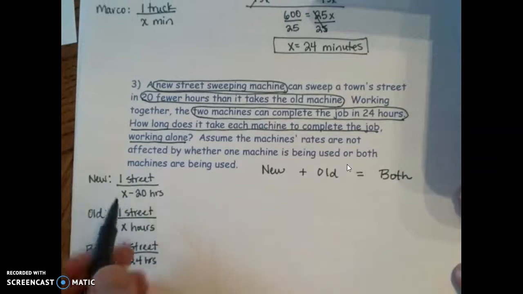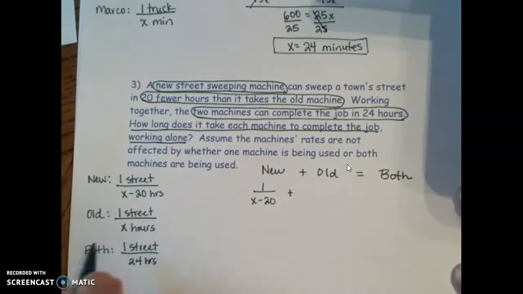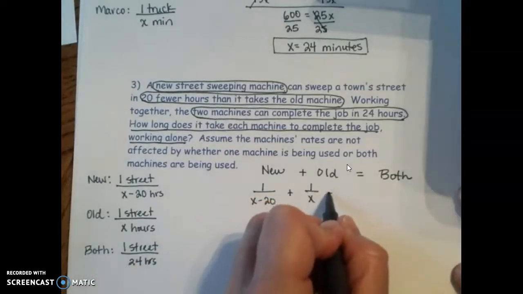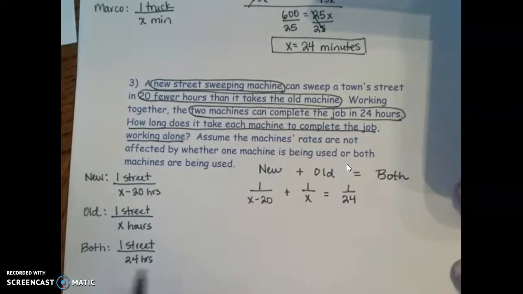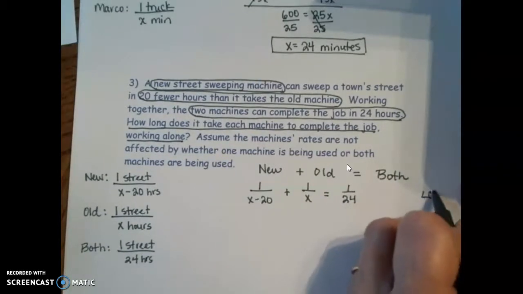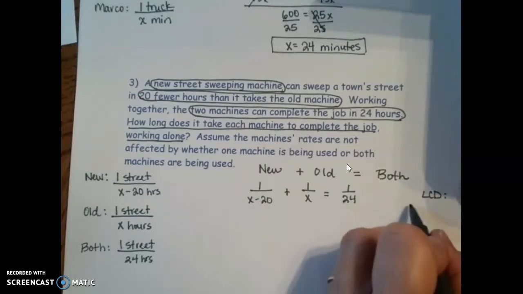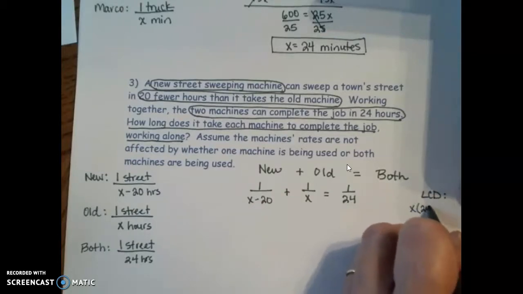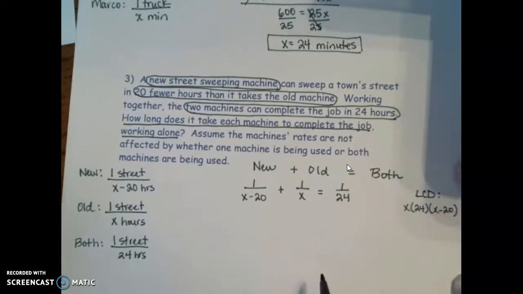So let's solve with what we know. So we have 1 over X minus 20 plus 1 over X equals 1 over 24. So again, I'm just going to come to the side for my least common denominator. I would need one of each, so an X, 24, and X minus 20, if you want to think of them separately.